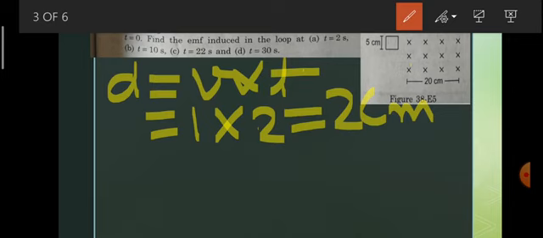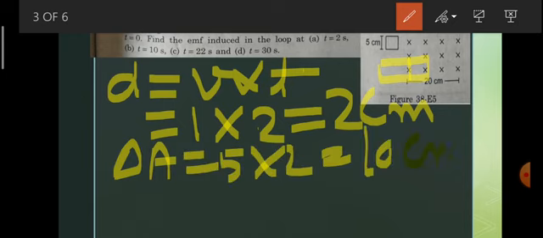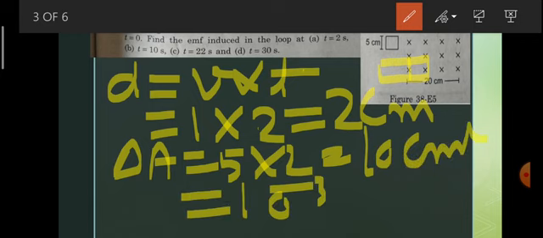So at 2 seconds, the 2 centimeter part of this loop is inside the magnetic field. So change in area in this case is 5 into 2, which is 10 centimeter square. Convert it into meter square: 10 raised to power minus 3 meter square.